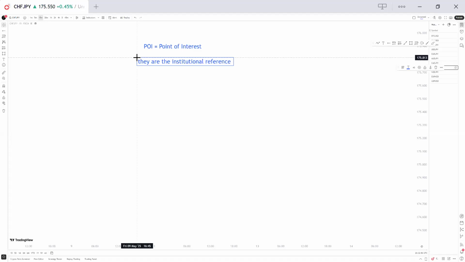Reference point where buyers and sellers are interested in taking their trade.